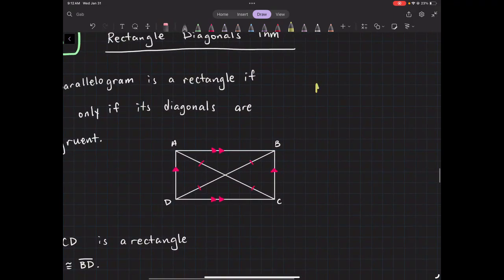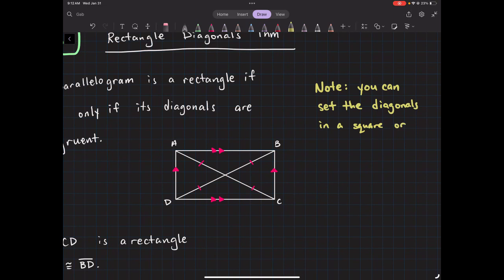Note, and write this one down: you can set the diagonals in a square or rectangle to be equal to each other.